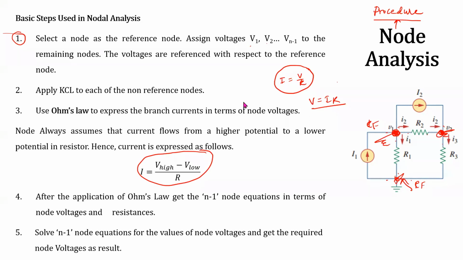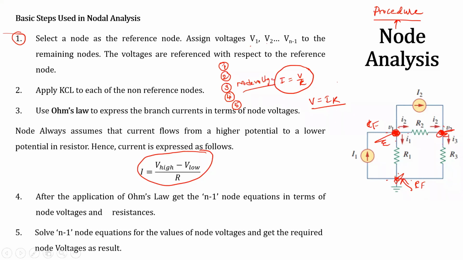So I do conclude the steps of node analysis. The first one is identify the number of nodes. Second one, apply the KCL. Third one, apply Ohm's law. Fourth one, get the n minus 1 simultaneous equations. A fifth one, solve those simultaneous equations to get the node voltages.